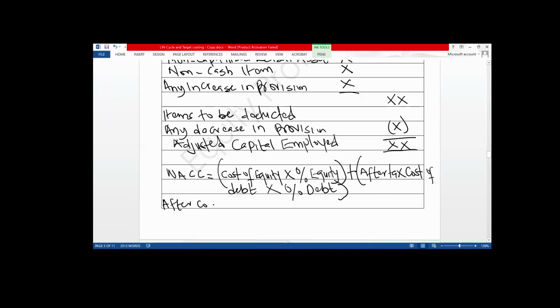After-tax cost of debt is equal to pre-tax cost of debt multiplied by, open a bracket, 1 minus the tax rate. Please, if it is possible, document all this in your book. This is how to calculate economic value added.